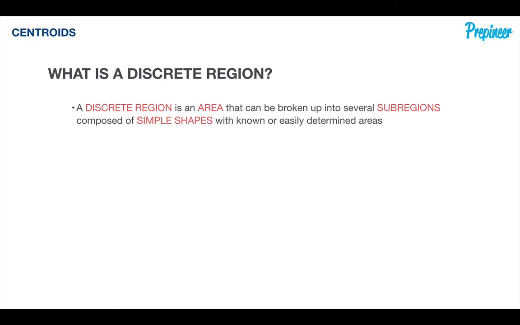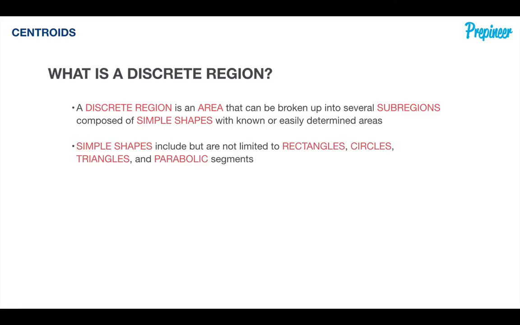Now, a discrete region is an area that can be broken up into several subregions composed of simple shapes, such as rectangles, circles, triangles, and parabolic segments, with known or easily determined areas. You can also easily express the centroids of these regions based on the dimensions of that region.